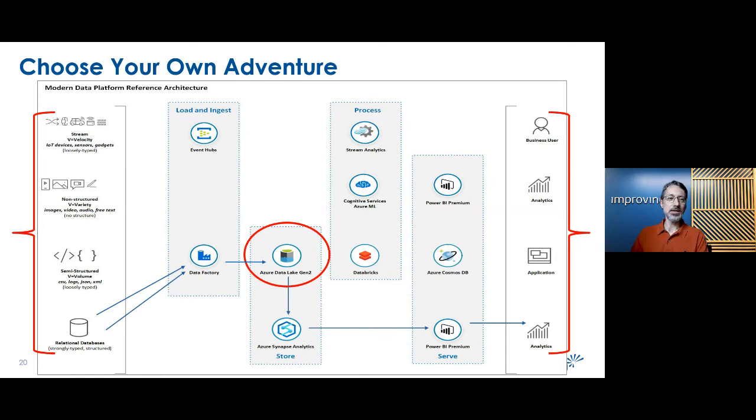Now that we have the data in a data lake, as I said, this opens up other options to do other things with it, perhaps instead of our data warehouse or in addition to it. And it also opens up other cloud services, like in the case of Azure, they call it cognitive services.